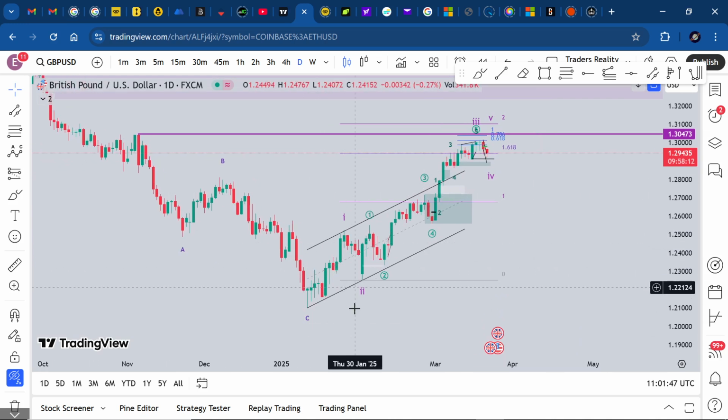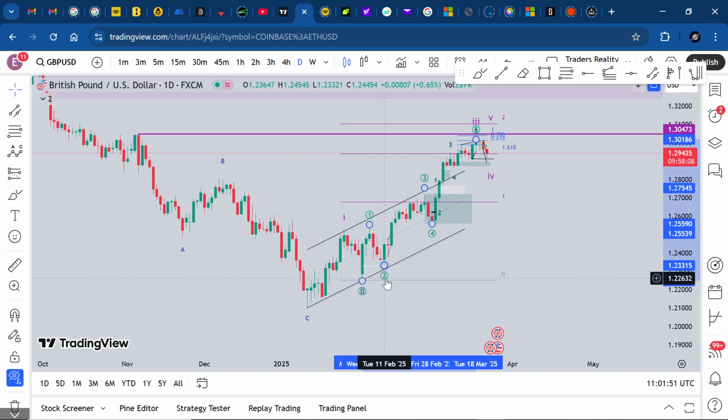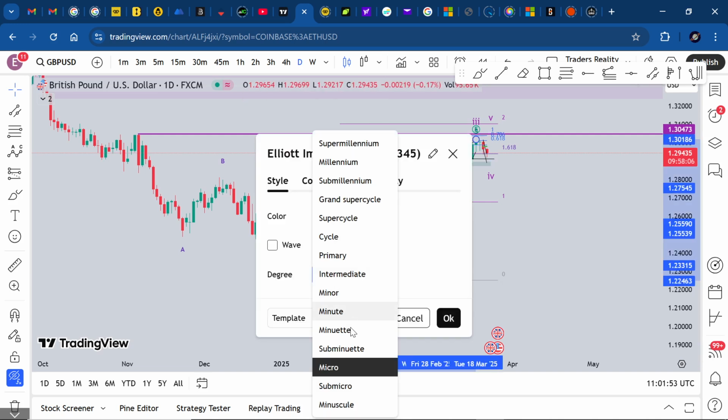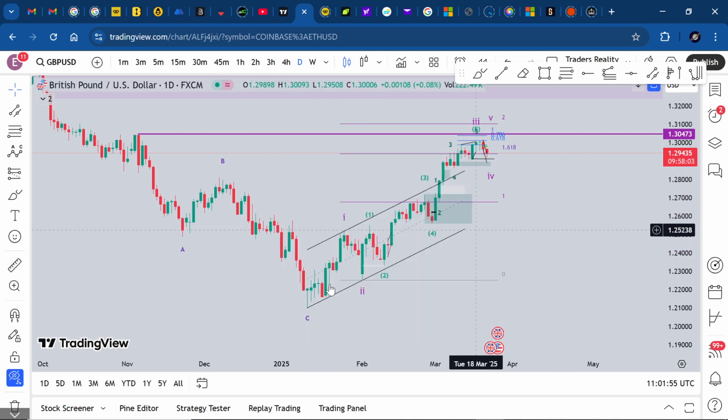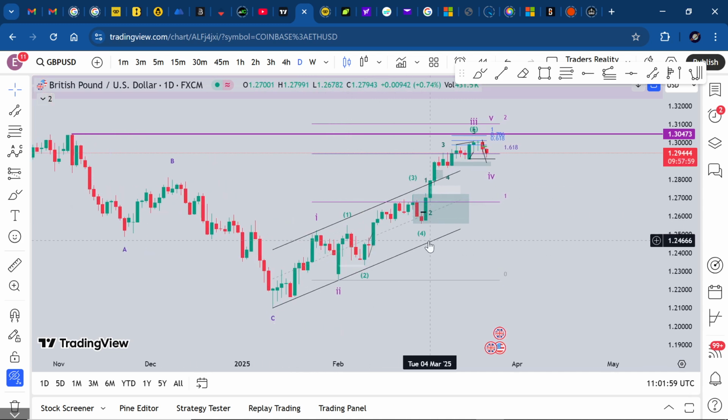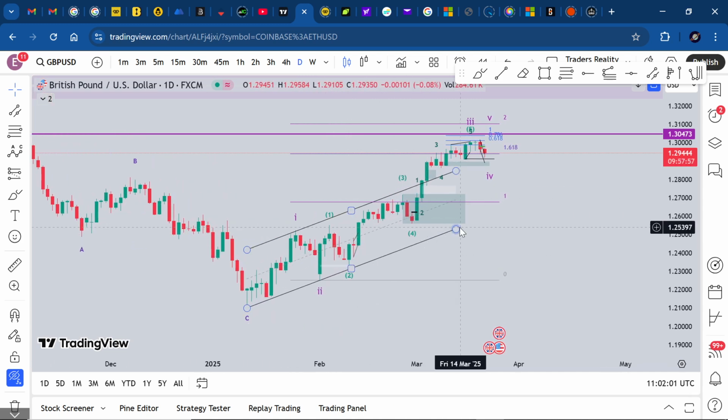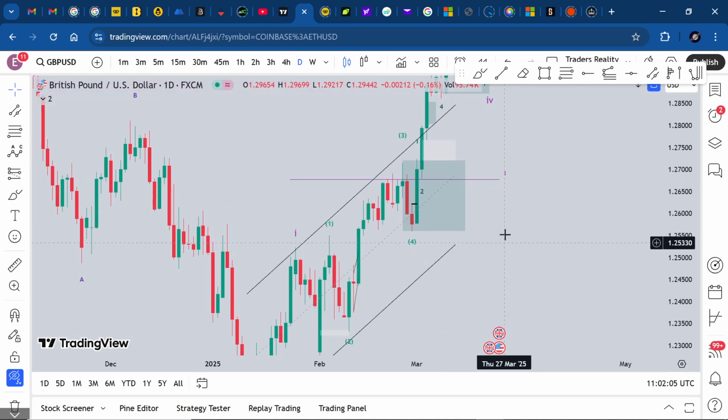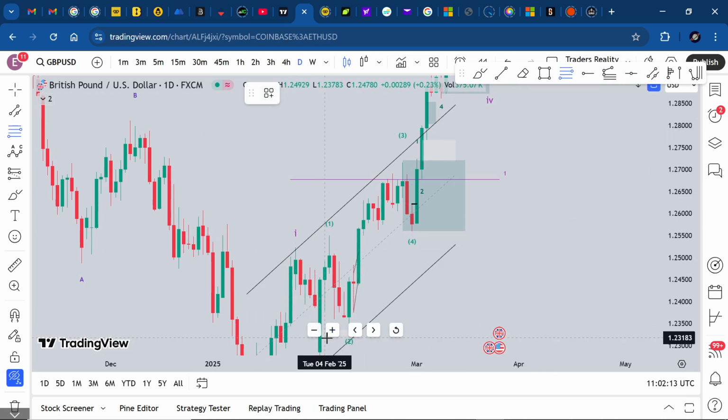Currently, I've got a 1, 2, and then inside that, in this green degree, we got a 1, 2, 3, 4. Yes, we do. See, anytime you're unsure, be sure it doesn't overlap with the prior 1.